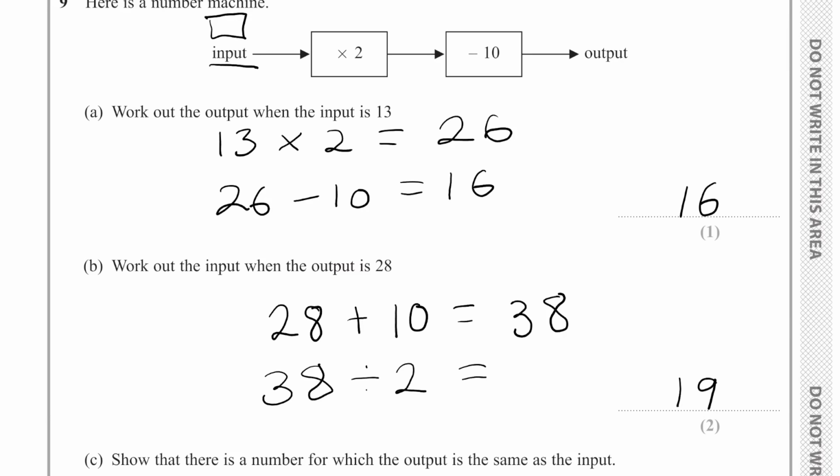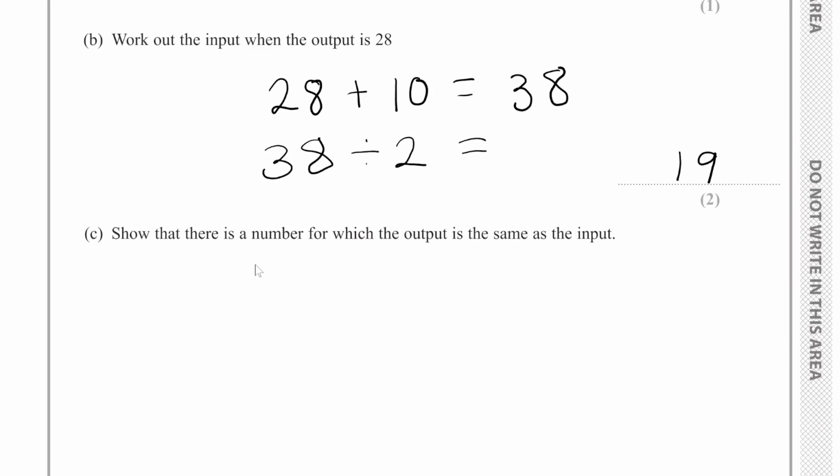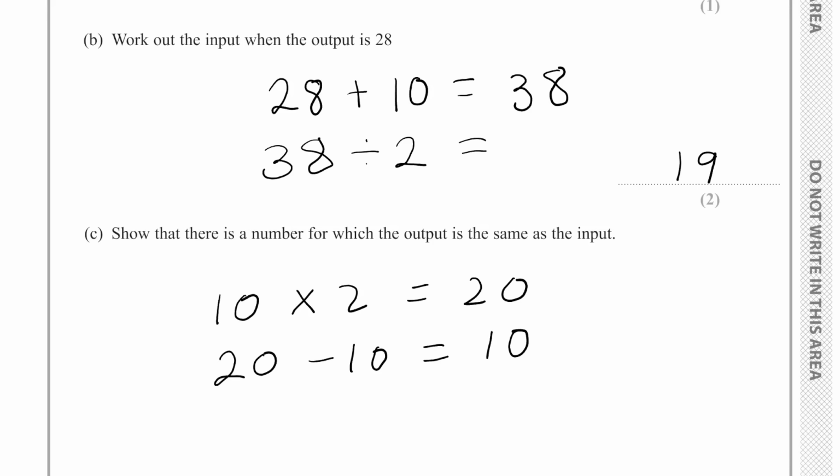The taking away 10 has to cancel out the timesing by 2. So the timesing by 2 has to add 10. And if you times 10 by 2, you add 10. So if you take away 10, it goes back to 10. I hope that makes sense. So 10 times 2 is 20, and 20 take away 10 is 10. So 10.